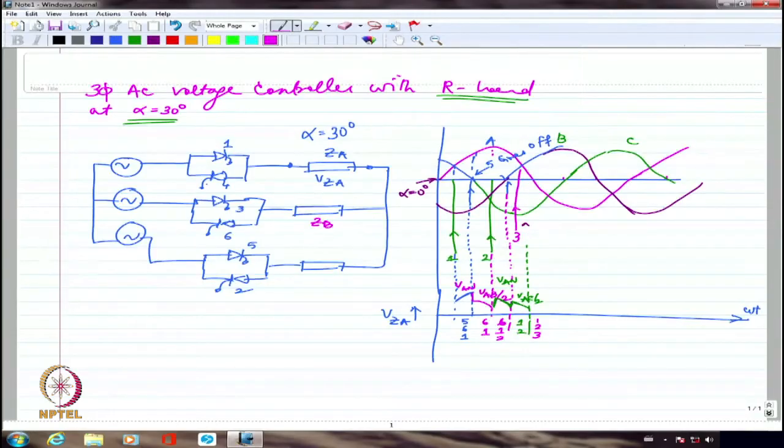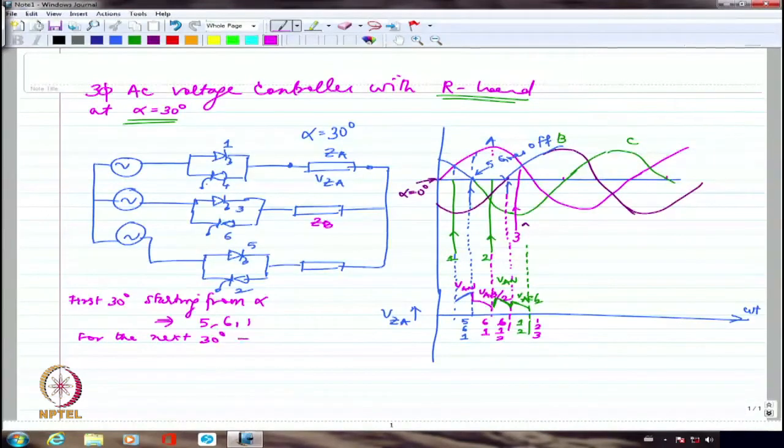Right? So I am going to have actually, for the first 30 degrees starting from alpha, 5, 6, 1. Then for the next 30 degrees, I am going to have 6 and 1.